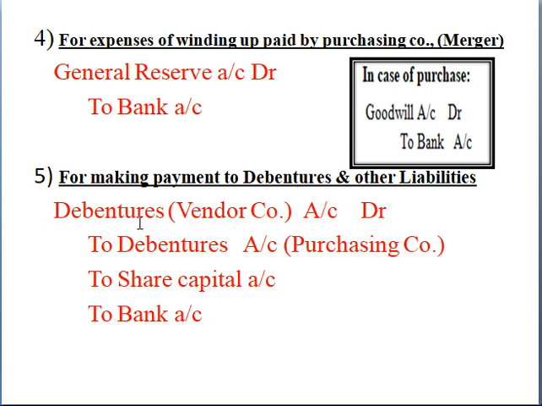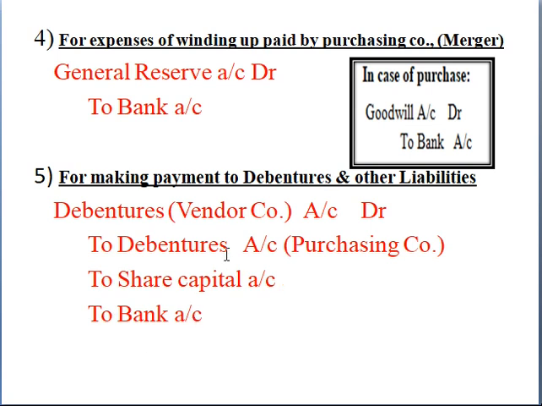So debit your debentures account of your vendor, that is your selling company, right? Instead of this, we are distributing this new payment, right? So debentures account debit to debentures in purchasing company, to share capital in purchasing company, to bank account.